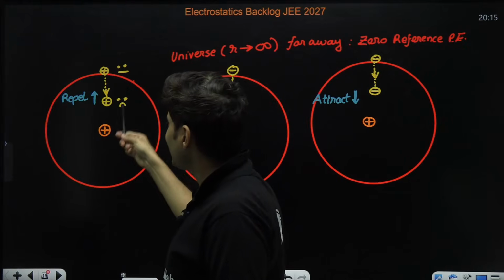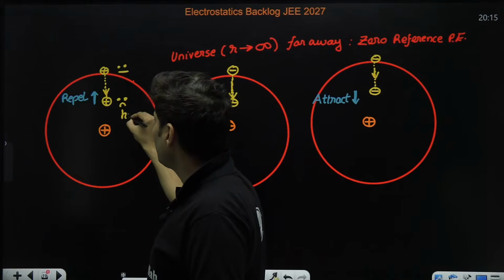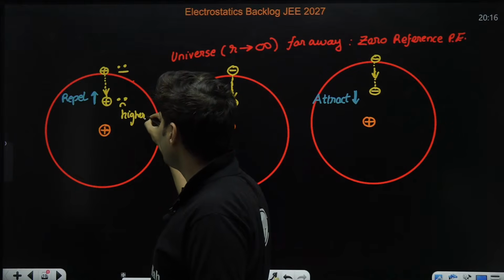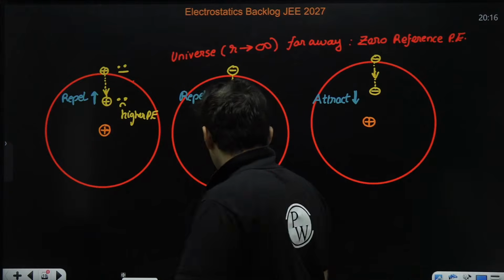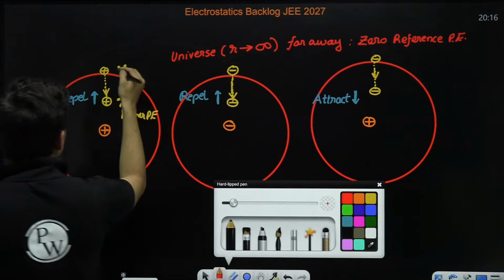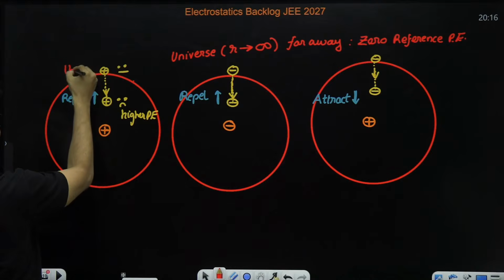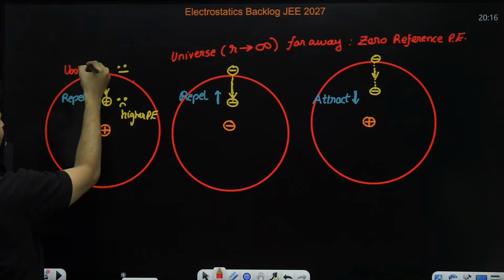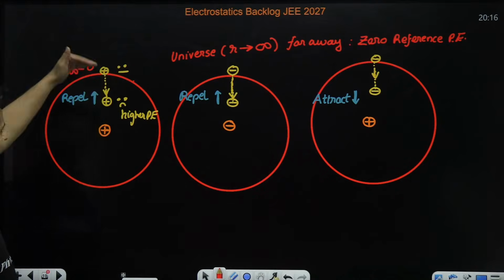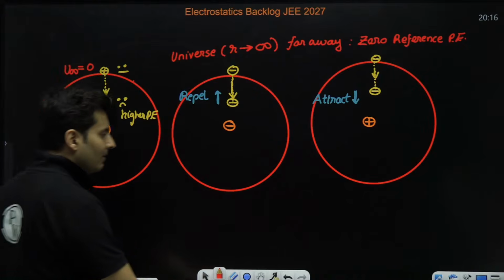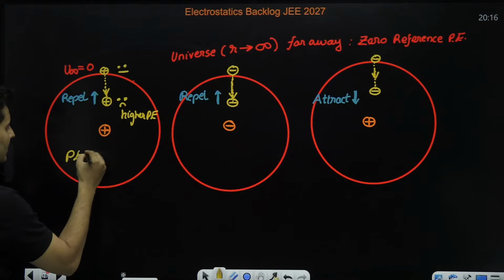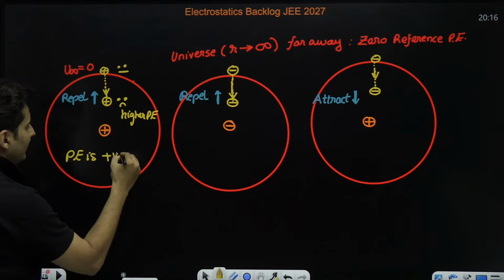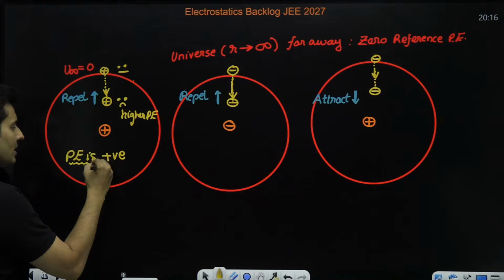So being sad means higher potential energy. What is higher than 0? Because when you are outside the universe, the potential energy at infinity is 0. So what is higher than 0? Positive. So that's why you will see the potential energy is positive.